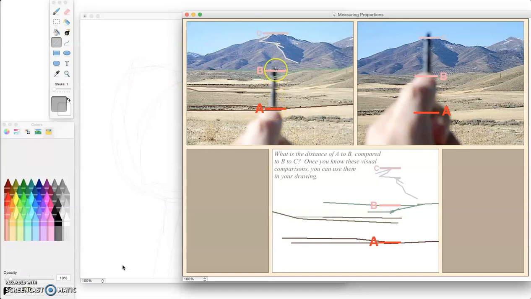I measure that distance, and then I have that to compare with the other distance that I have. That is measuring proportions. They're points of comparison of different points within the scene. A to B compared to B to C. Once you know these visual comparisons, you can use them in your drawing. Okay?